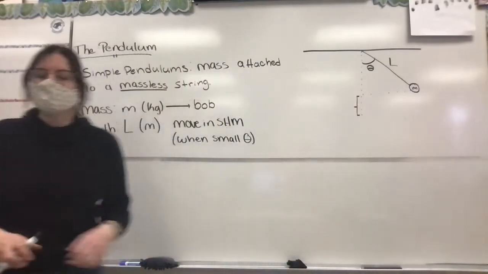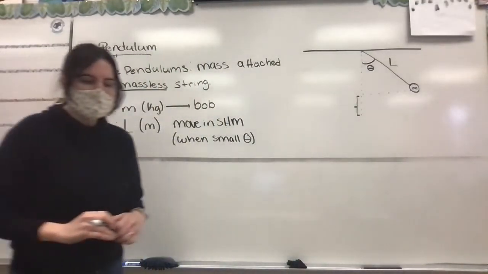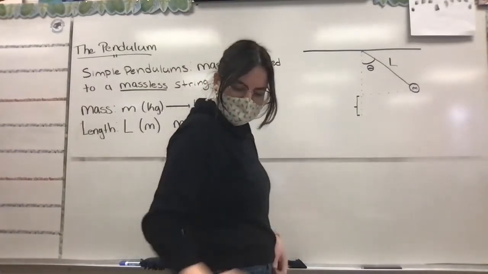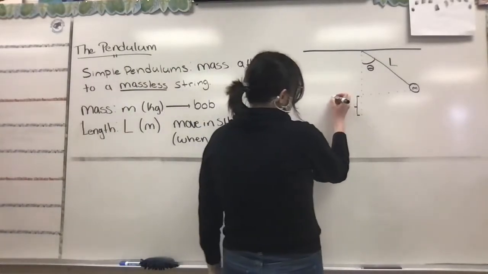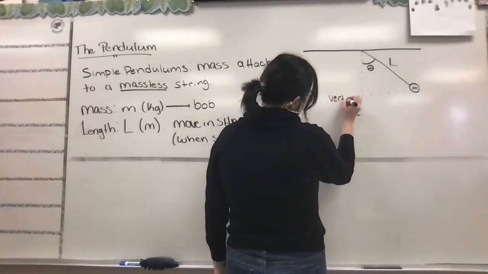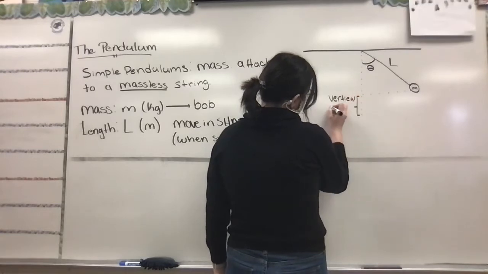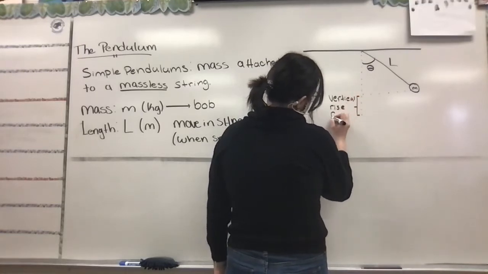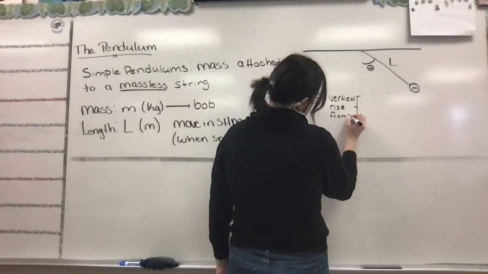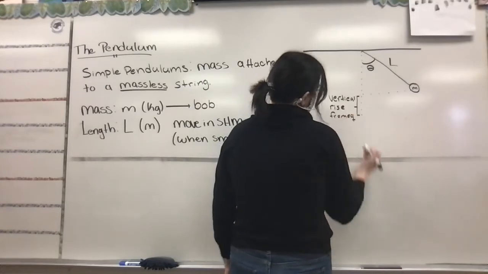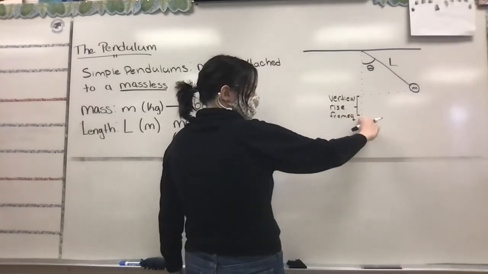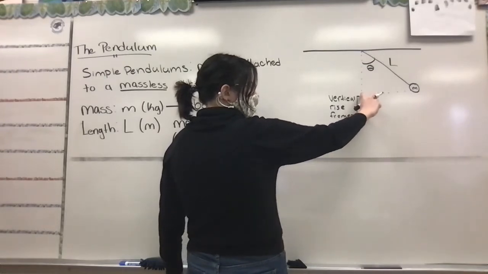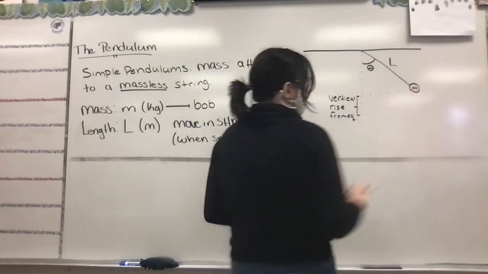This right here is our vertical rise from equilibrium. This is where our bob would have been in equilibrium. It has risen this much by swinging up.